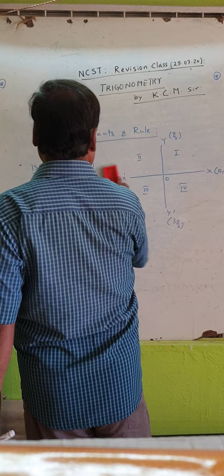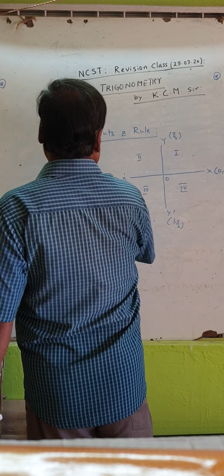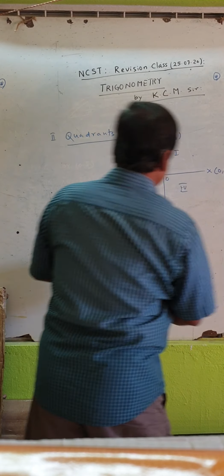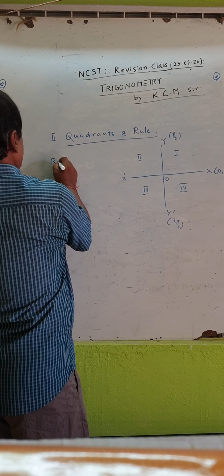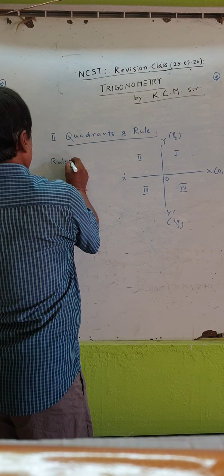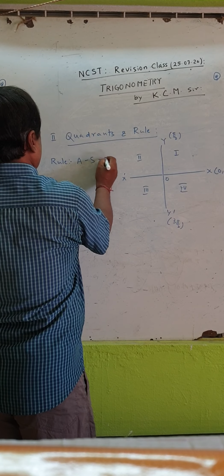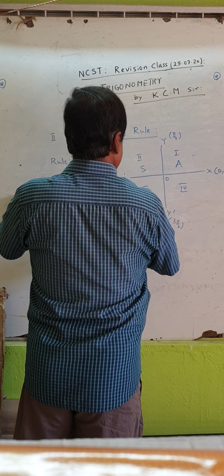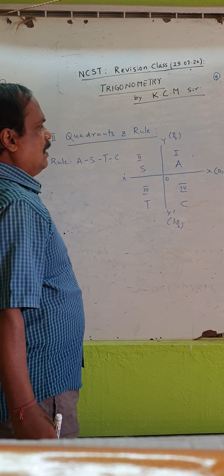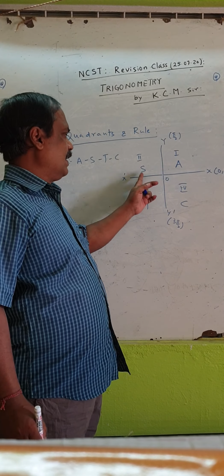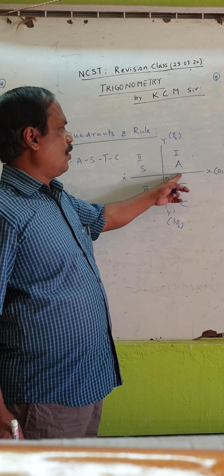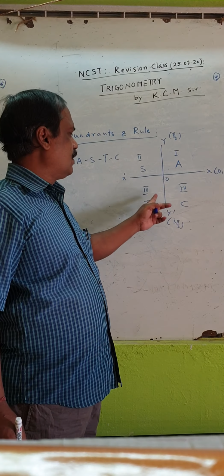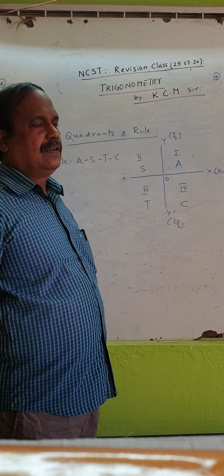What is the quadrant rule? The rule is A S T C. That means all, sin, tan, cos. Here all positive, here sin positive, here tan positive, here cos positive.